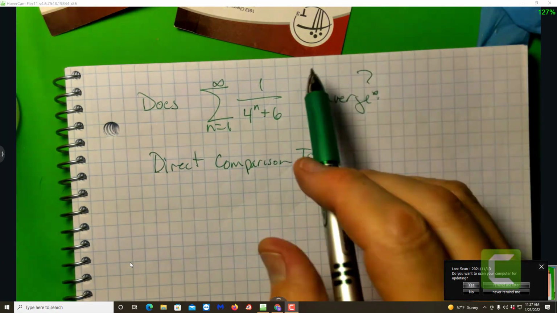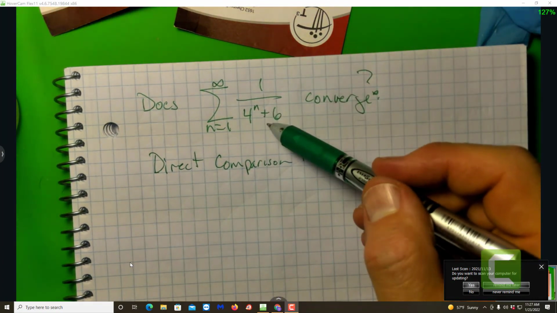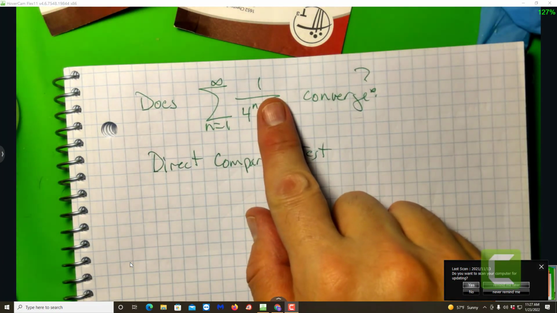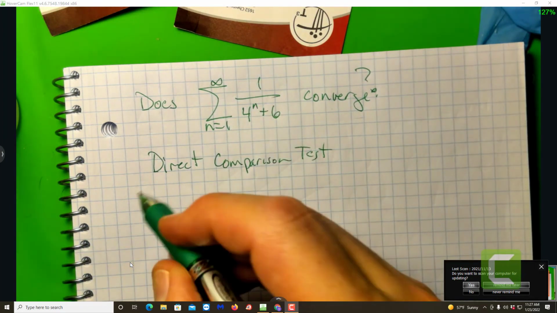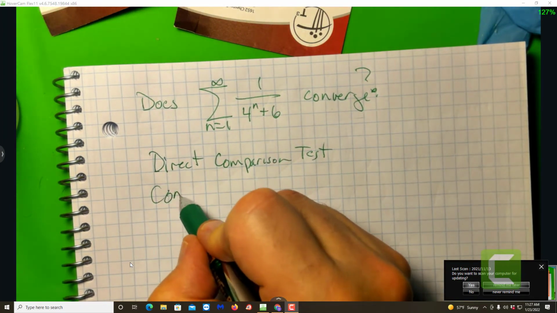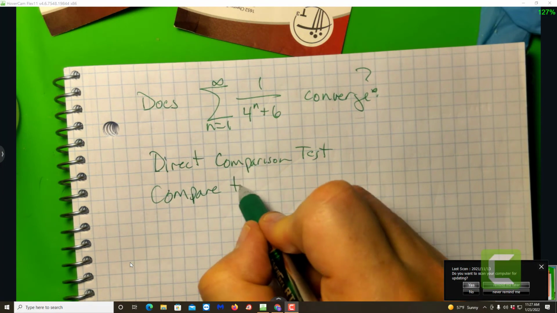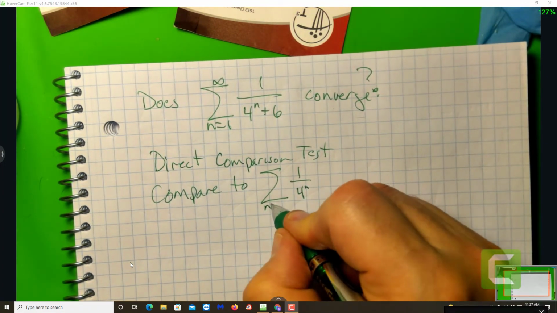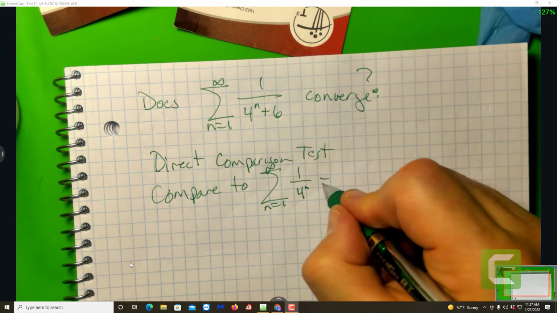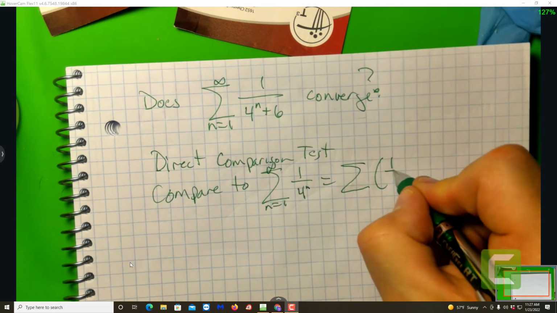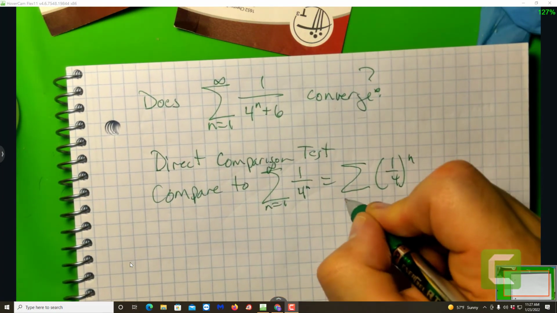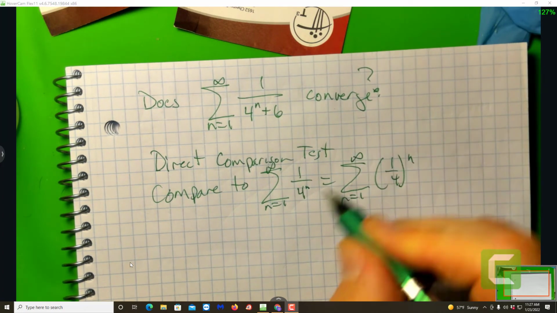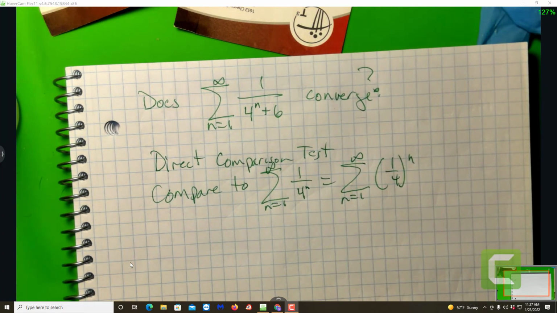Okay, so first of all, when I look at this, for n very, very large, adding 6 here really doesn't matter. So I'm going to compare this to 1 over 4 to the n. Now you should be able to see in your head that this is a convergent infinite geometric series because the common ratio is 1/4.